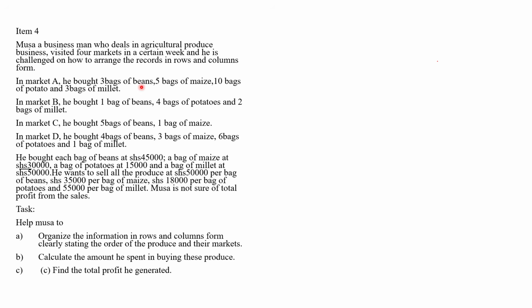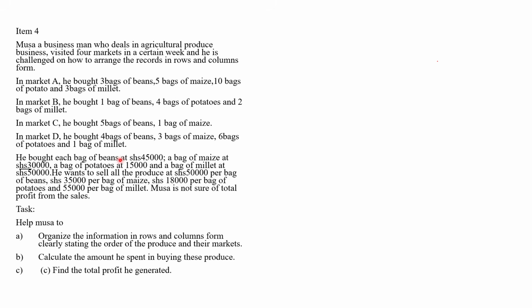Market A bought 3 bags of beans, 5 bags of maize, 10 bags of potato, and 3 bags of millet. In market B bought the same items. In market C still bought some, and even here still bought the following.